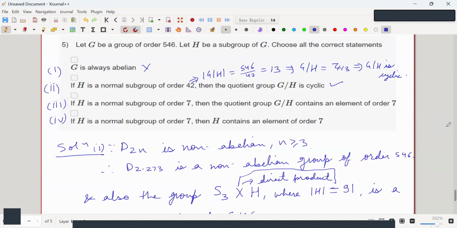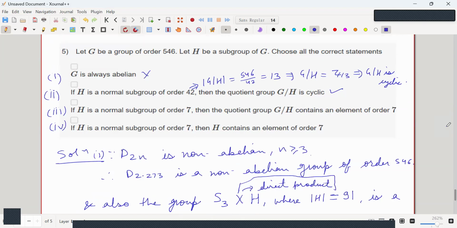Suppose G is some group of order 14, then the order of G mod H would be 2, so it can't contain an element of order 7. No, H is a normal subgroup of order 7.